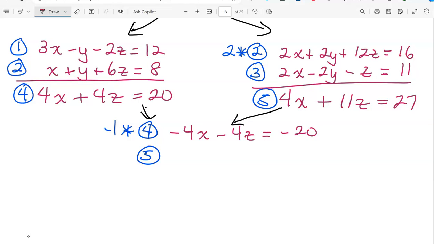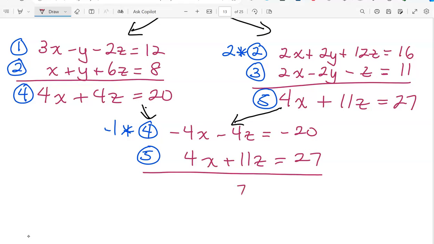And then I'm just going to bring down equation 5, 4x plus 11 times z is equal to 27. When we add those two equations together, the x's go away, and -4z plus 11z is 7 times z, and -20 plus 27 is 7. So 7 times z is 7. That gives us a z value of 1.